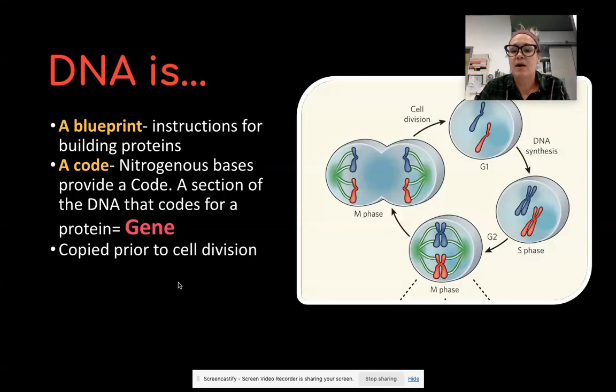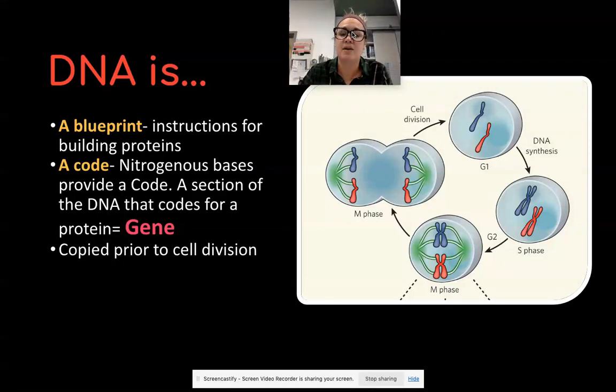You have probably seen this before. We talked about cell division, looking at how cells replicate. This is indicative of how DNA is copied and distributed so that there's the same message going from cell to cell.